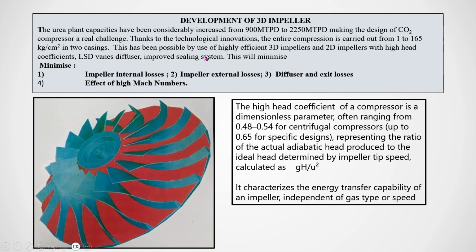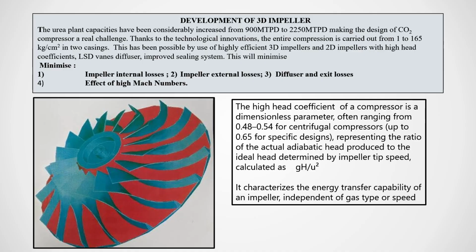That made it possible to make the modern urea plant with capacity increased from 9,900 to 2250 metric ton per day, with two barrel type compressors, 2 MCL and 2 BCL. So there is no long chain of compressors.